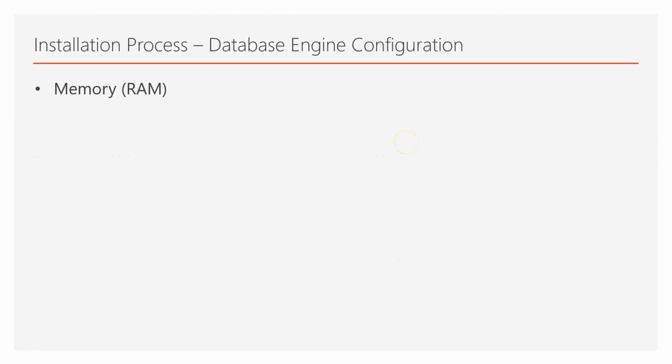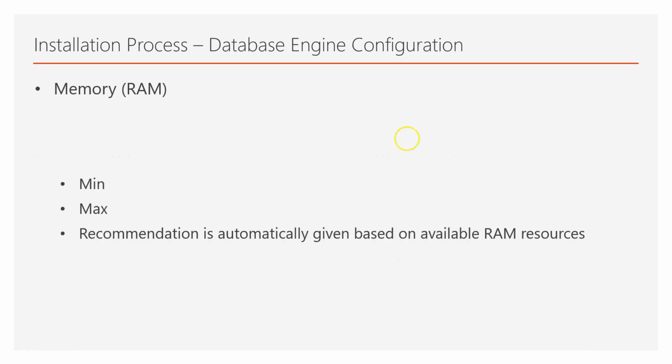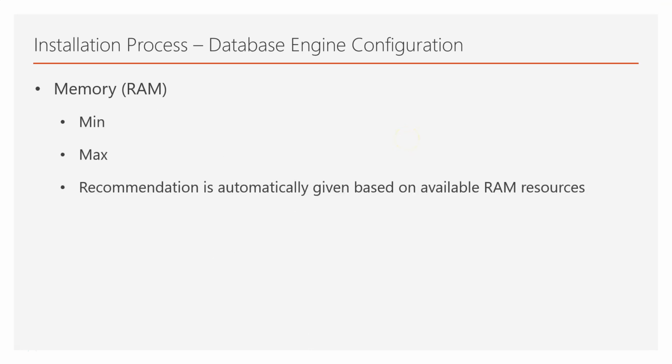Now, the next step is to configure memory, that is RAM. So you need to configure the minimum and maximum RAM amounts for your SQL Server installation, and there is an automated recommendation given, again, based on the available RAM resources on the server.